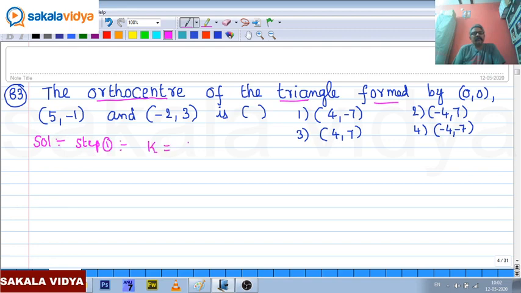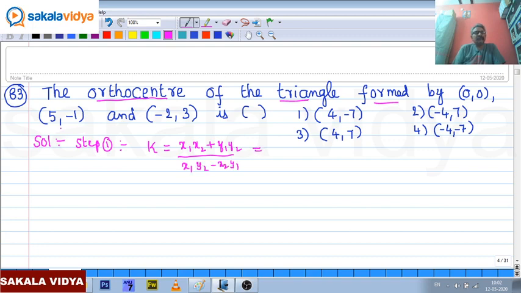What is the K value? x1 x2 plus y1 y2 upon x1 y2 minus x2 y1.